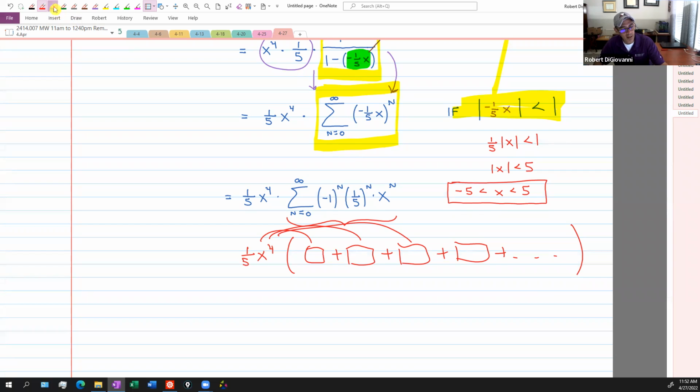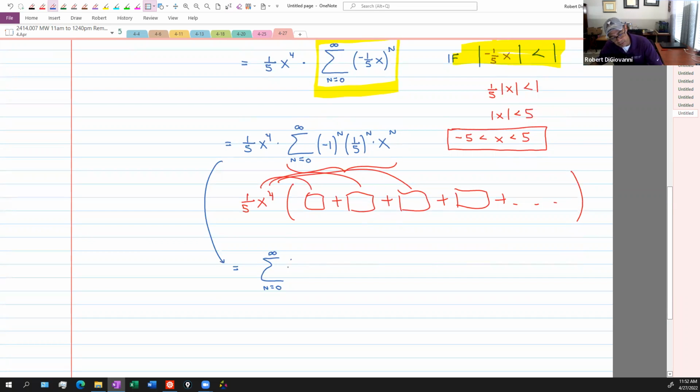So what I am allowed to do is push that 1/5 x^4 inside the sum, because it's going to hit every single one of these. Every single one of these gets it. So I'm going to rewrite what's up here, but I brought that 1/5 in with the x^4.